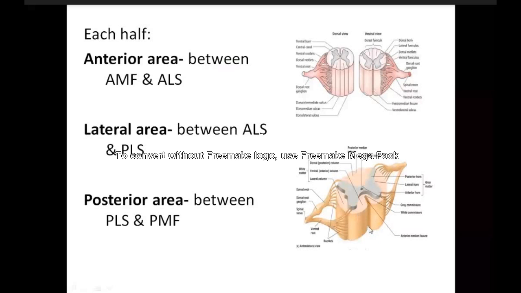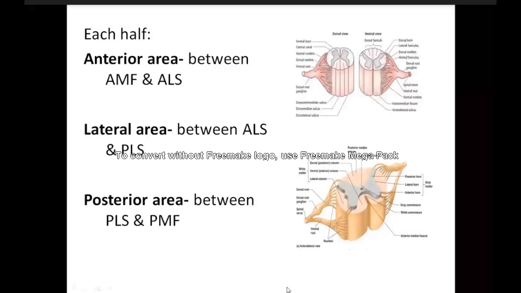Next is the lateral area, which lies between the anterolateral sulcus and the posterolateral sulcus. Similarly, the posterior area lies between the posterolateral sulcus and the posterior median sulcus. So anterior area, lateral area, and posterior area. These three areas are present on each half of the spinal cord.